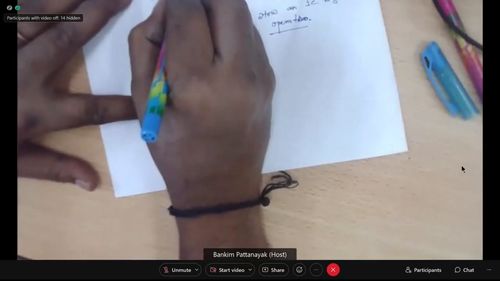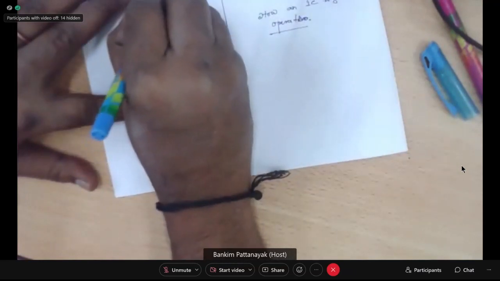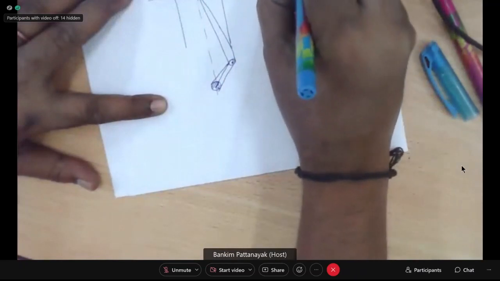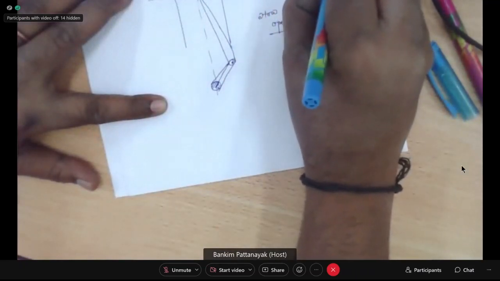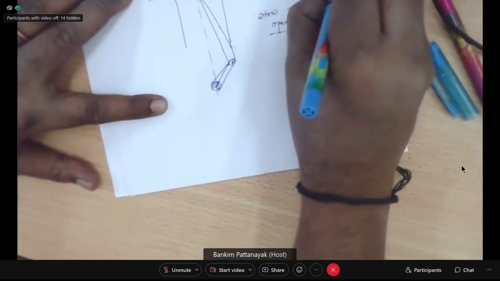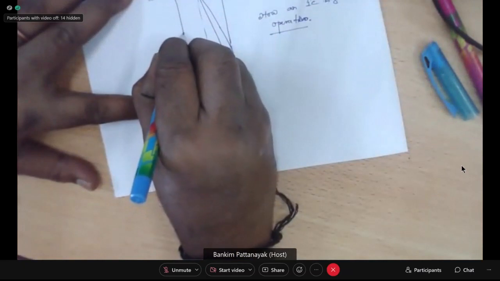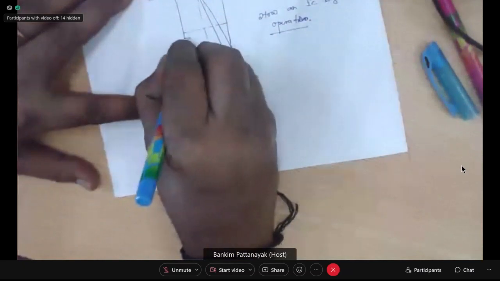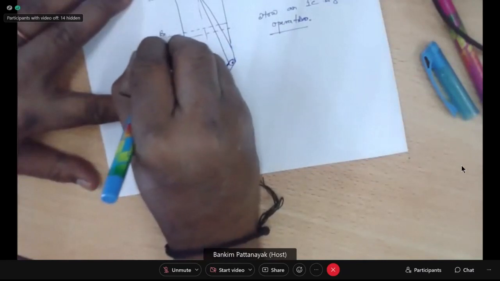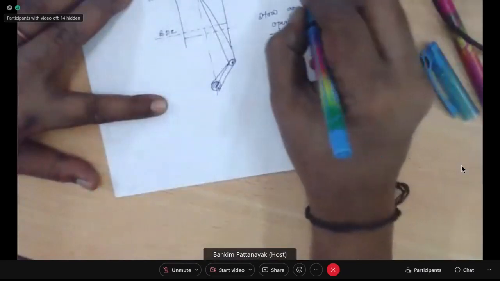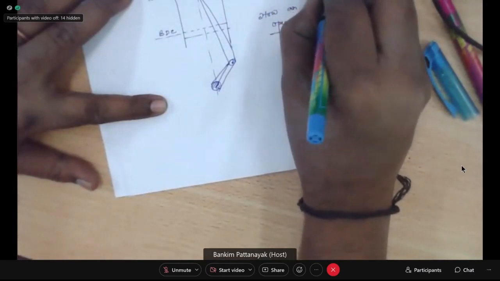This position, the top position beyond which it doesn't go, is called TDC, top dead center. Now, this can come maximum down out here. Let us say this is bottom dead center. So BDC is equal to bottom dead center.